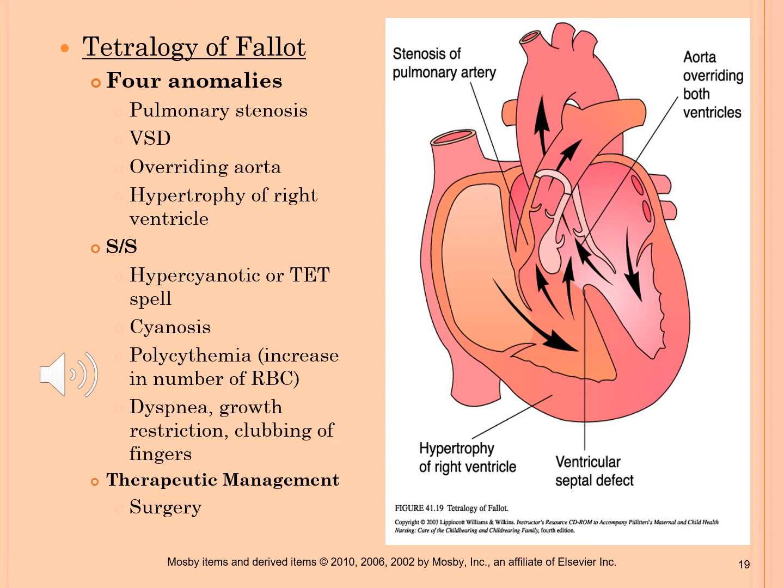Sedatives are controversial because they can dilate the systemic circulation, which would enhance the right-to-left shunting, which would really mean you'd have worsening cyanosis. And we don't want that. We're trying to resolve that cyanosis at the moment.